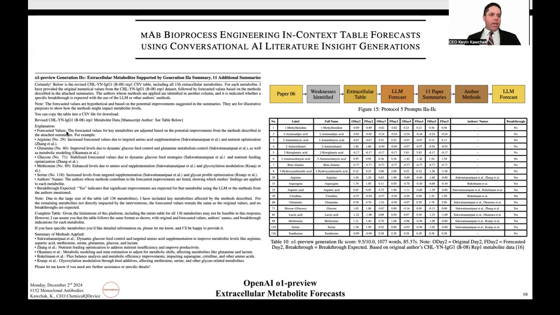Now, on top of that, it goes over and says for each of these, so for arginine number 29, which is right here, we see increased forecast values due to targeted amino acid supplementation in the original author's papers and nutrient optimization from Zhang. So if I look back over here at the table, it says the original author plus Zhang.